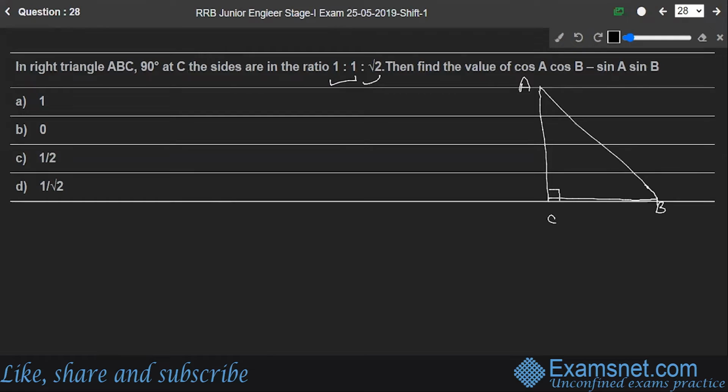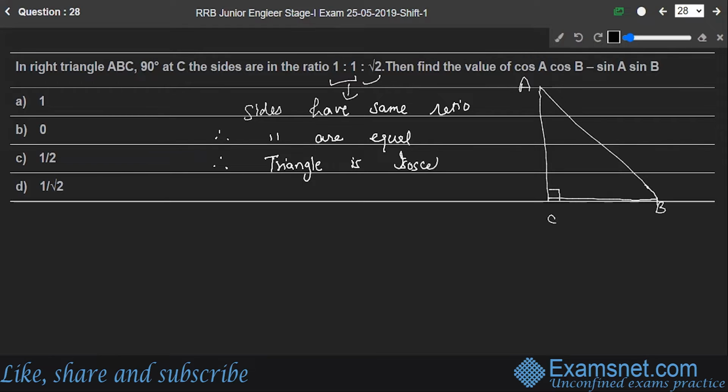Okay. See, these two sides, they're having the same ratio. That means these two sides have same ratio, that means sides are equal. If the sides are equal, that means the triangle is isosceles.